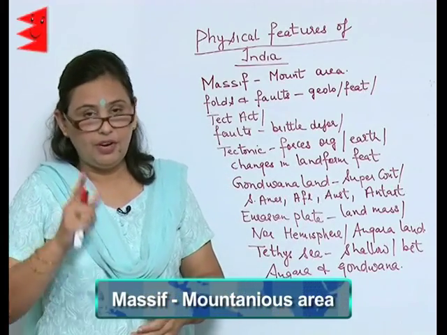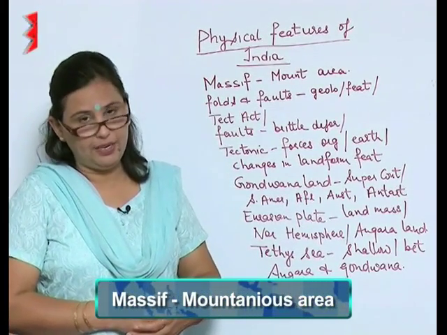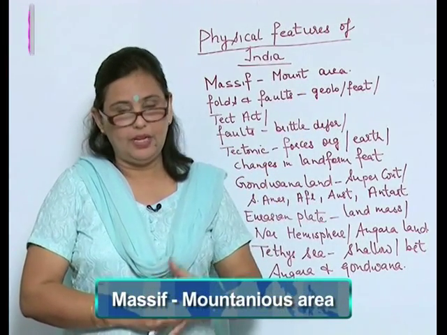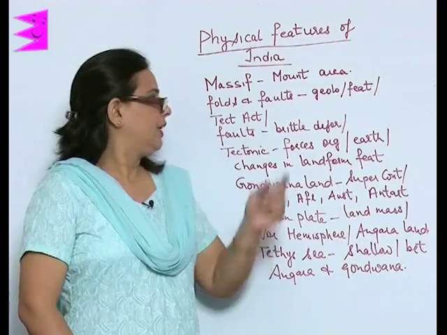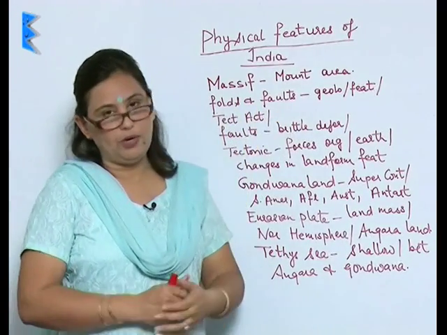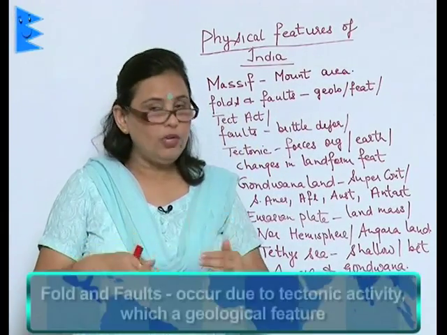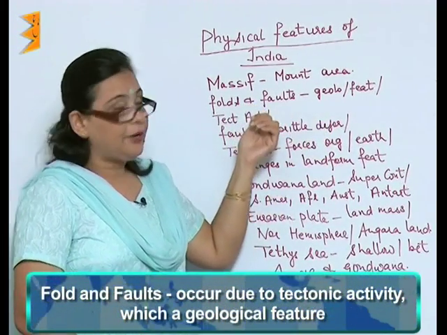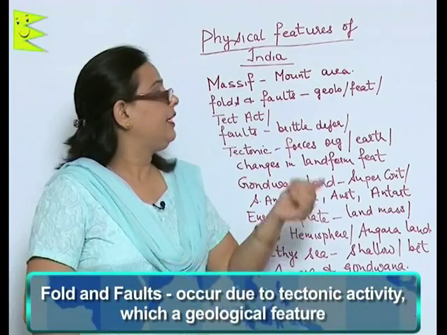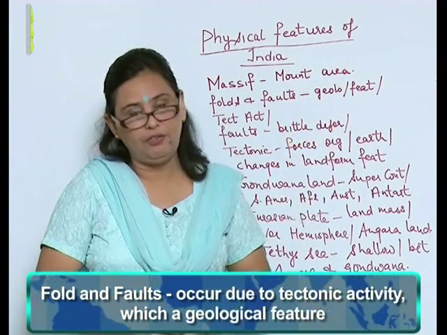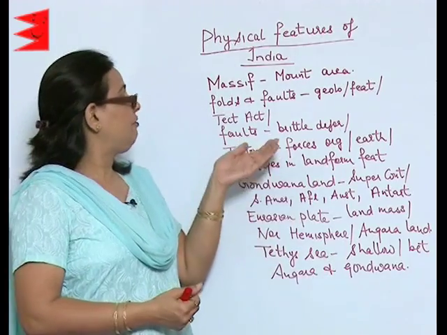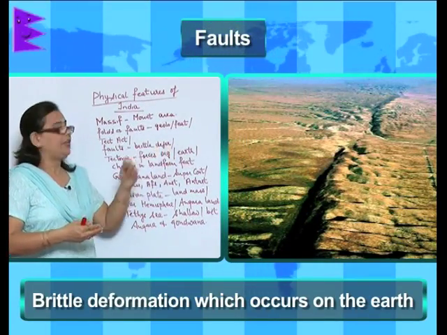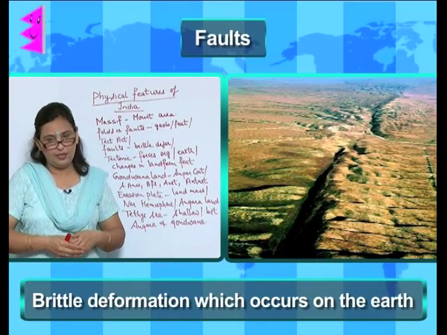Massif. This word you are going to see again and again in the chapter. It is a mountainous area, that is called a massif. Second is folds and faults. Folds and faults occur due to tectonic activity and these are actually a geological feature. Then what is a fault? Fault is actually a brittle deformation which occurs on the earth.